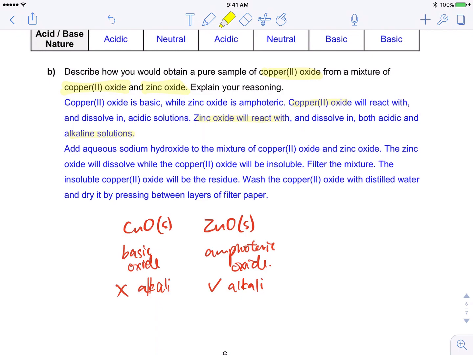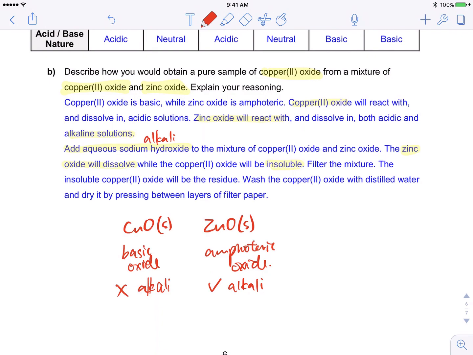How do we obtain copper 2 oxide? We add an alkali to the mixture. Then zinc oxide will dissolve because it reacts with alkali. Copper 2 oxide doesn't react with alkali. It remains the same. It remains insoluble.